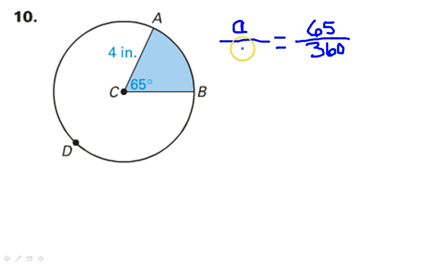Now, in the bottom of this fraction, I need the whole area. I don't know it, but I know a formula that will help me find it, don't I? How can I find the area of this circle real quick? Sure, what we've been doing this whole time. Area is pi r squared.